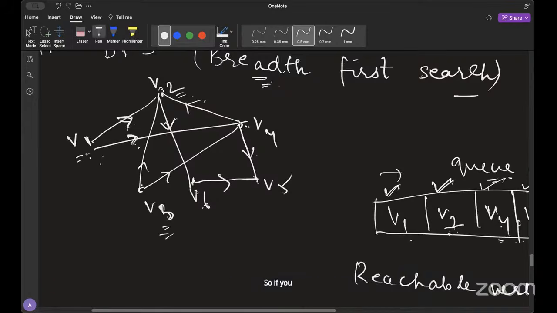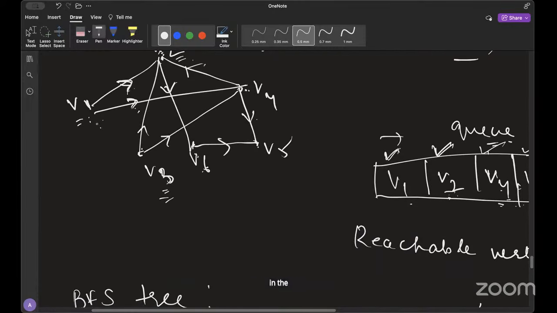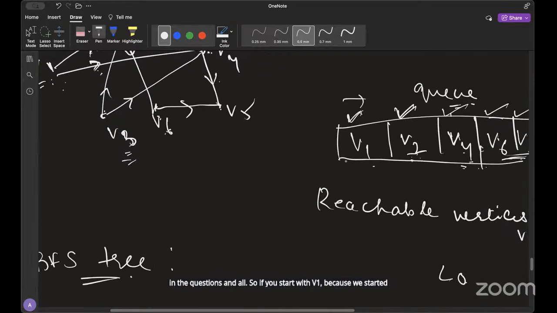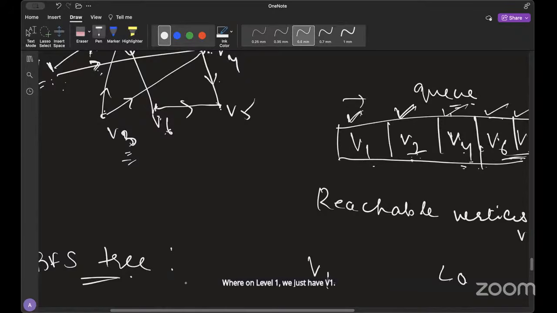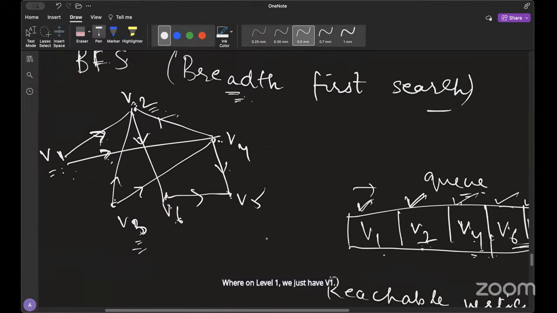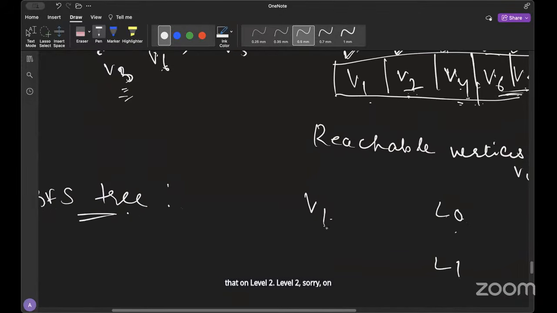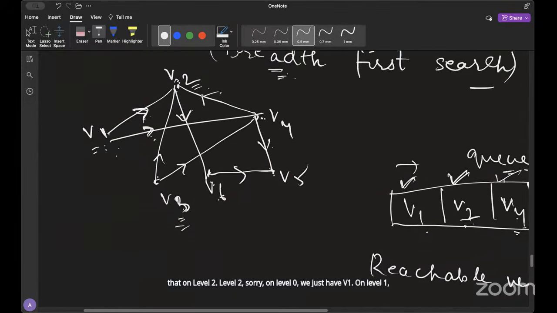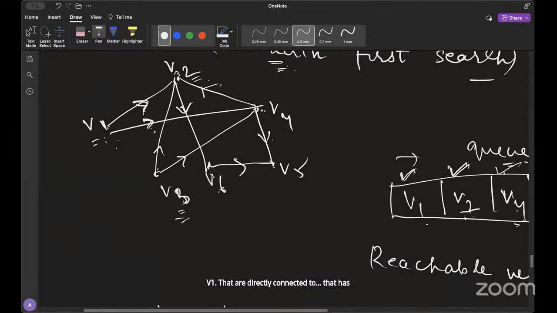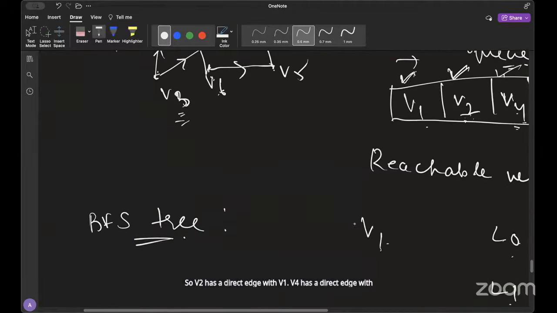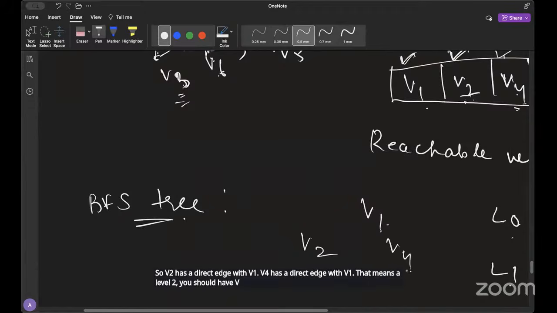If you have to find the reachability from V1, and that vertex is given to you in the question, you start with V1. On level 0, we just have V1. On level 1, we'll have the vertices that have a direct edge with V1. V2 has a direct edge with V1, and V4 has a direct edge with V1. That means on level 1, you should have V2 and V4.